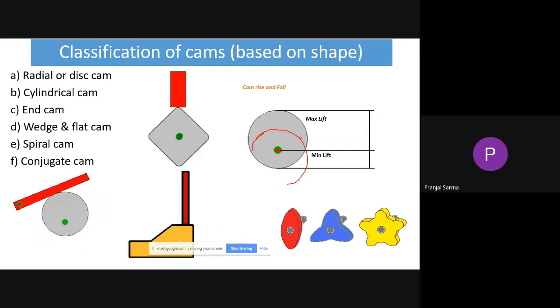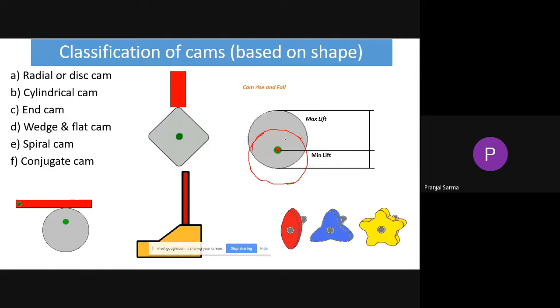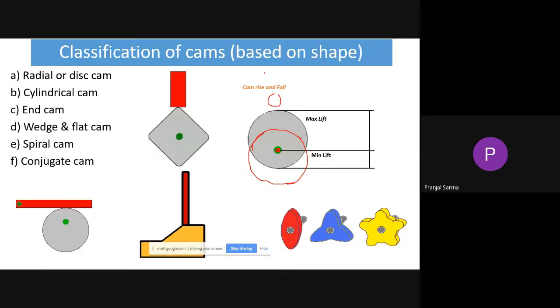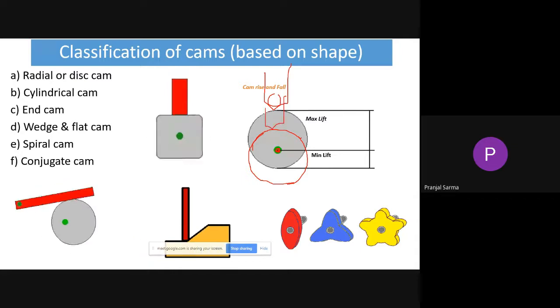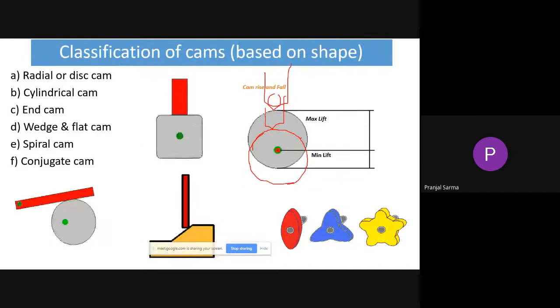When it is rotating, it will also assume this kind of position. So this will be another position of the cam itself. In that case, previously if this is the follower, then the follower will go down up to this much. So this is how we can get that.